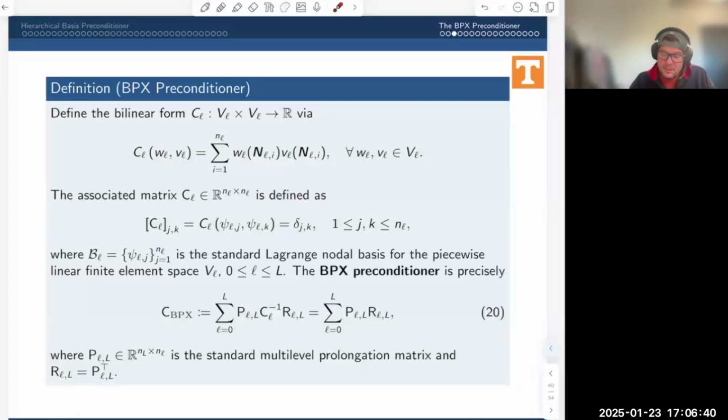So the way we're going to do this is C_L is going to be defined by putting in the basis elements psi_Lj and psi_Lk in the first and second entries respectively. But you notice if you do that, then these are just the Kronecker delta symbols whenever I evaluate those at the nodes. That's just how they're defined. So when I multiply the two together and sum them up, I get again the Kronecker delta symbol, delta_jk.